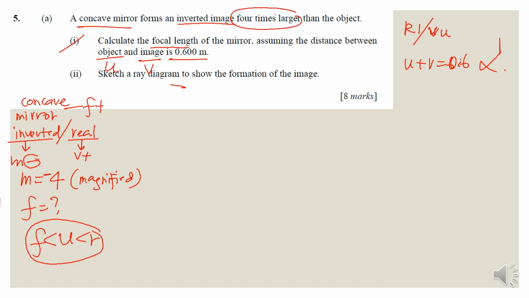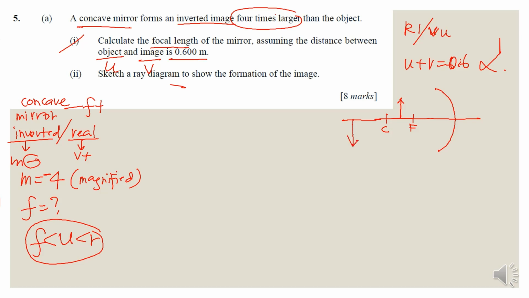Bila kita tengok gambarannya, kalau kita lukis, ini F kita, ini C kita. So objek akan berada di antara ni, dan kita akan produce image real dan terbalik.